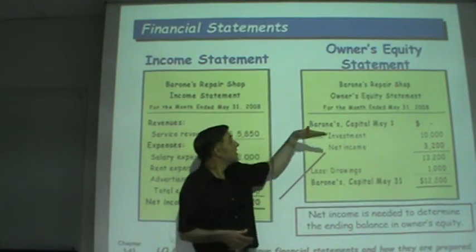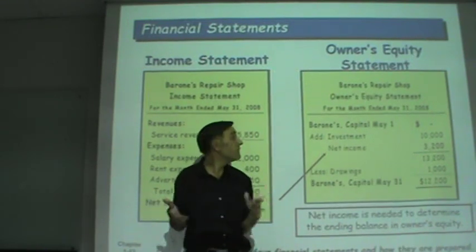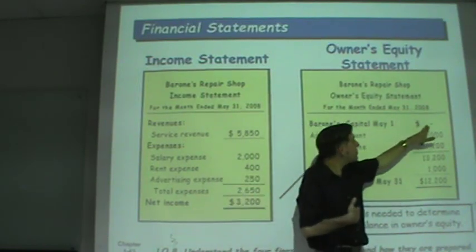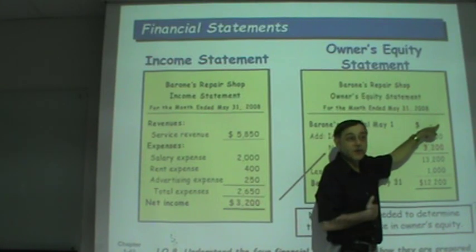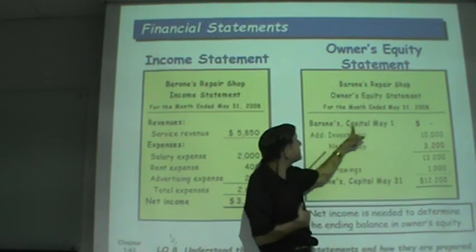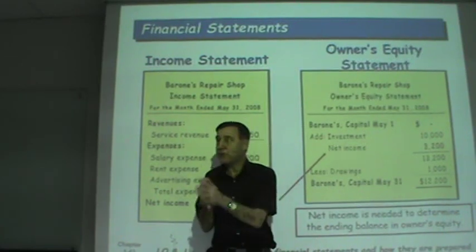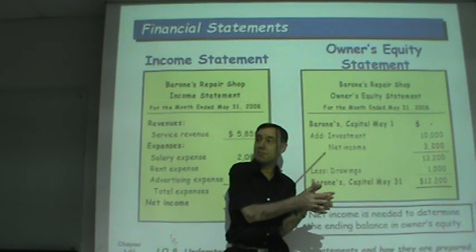So it is investment, net income, and drawing. And that's all it is. Very simple. Here you also have the initial capital. Initial capital in this particular case was 0. Before the business began, it had 0 capital.